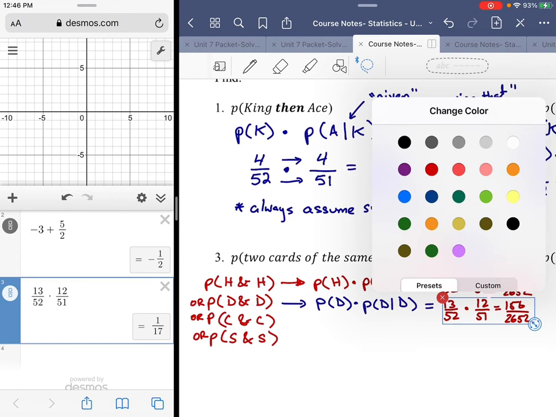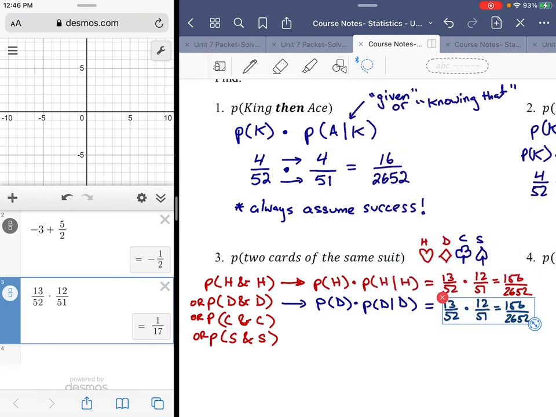So it kind of begs the question, it's a good question, do I have to do this computation 4 times if I know that my answer is just going to be what I get for the first outcome multiplied by 4? And the answer is no. You just do it the one time, multiply it by 4, and call it a day.